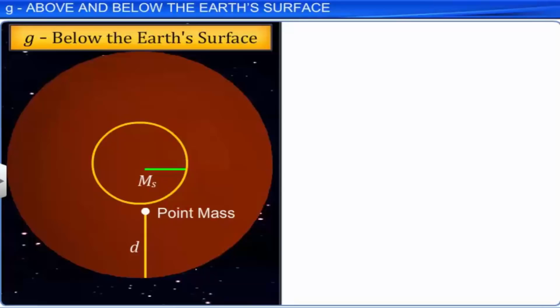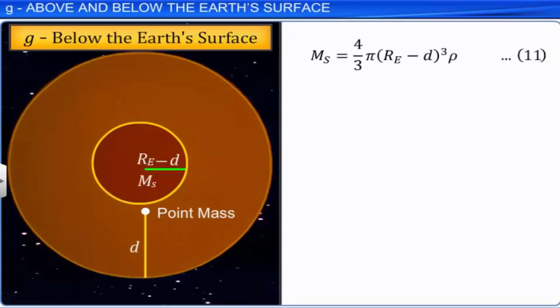Thus, the mass of the inner sphere of Earth is represented by equation 11. Ms is equal to 4 by 3 pi into cube of (Re minus d) into ρ. Here, gravitational force between the shell and the point mass is 0, as it lies inside the shell.